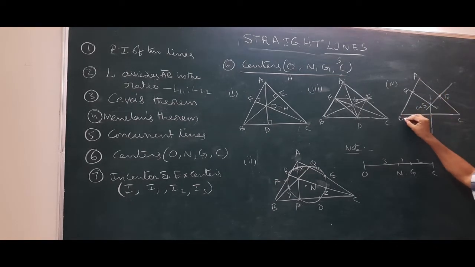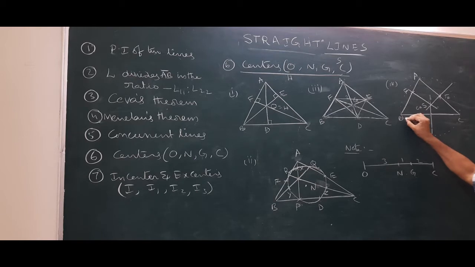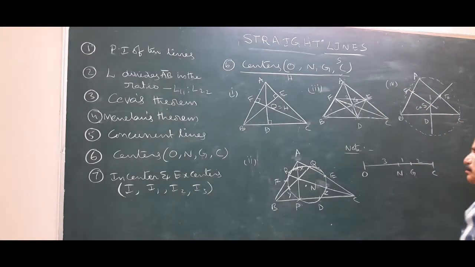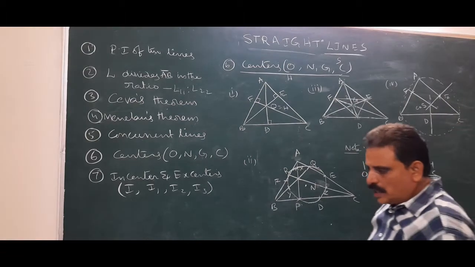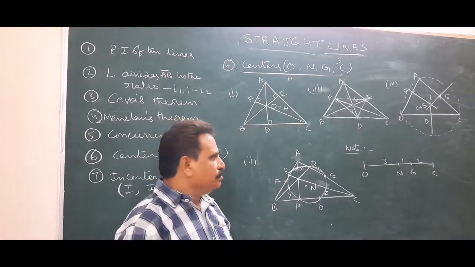If you draw a circle passing through the three vertices, that circle is called the circumcircle. The center of the circle is called the circumcenter.